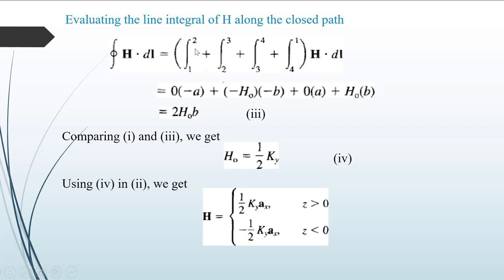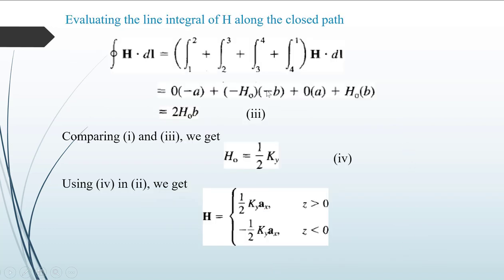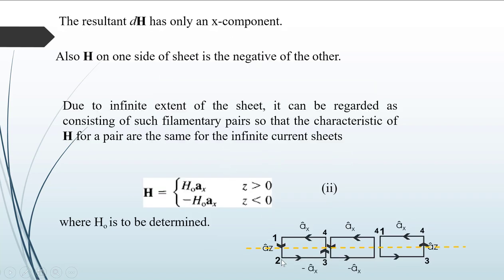So for 1 to 2, what is H? H is going in the downward direction, so it is 0, and the dL length is minus a, because this vertical side is going in the downward direction, so it is considered as negative. This side is a.